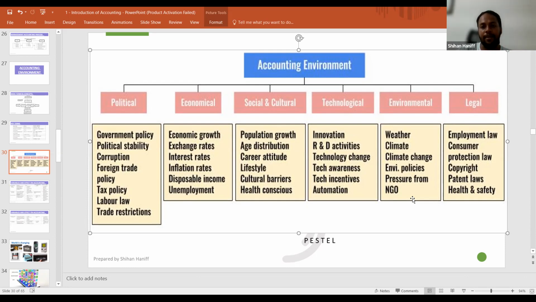What happened to the interest rate? Can someone tell me what happened to the interest rate in Sri Lanka? If you want to take a loan or a lease, what is the current interest rate?